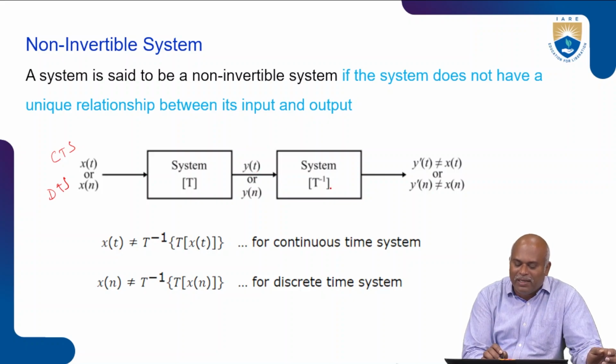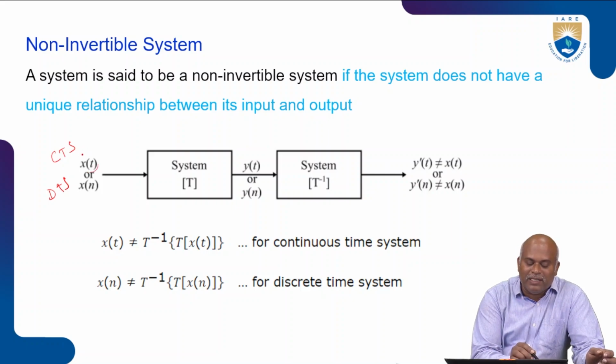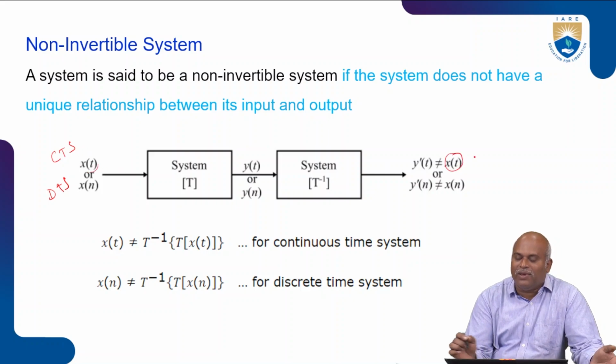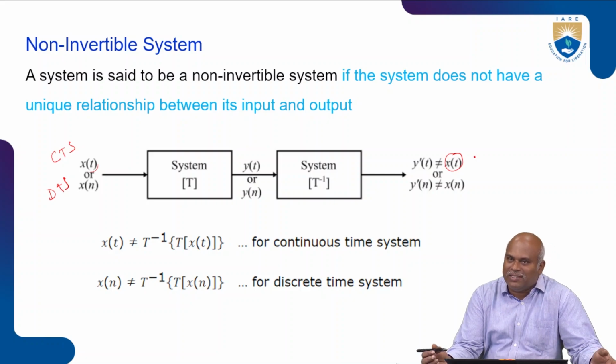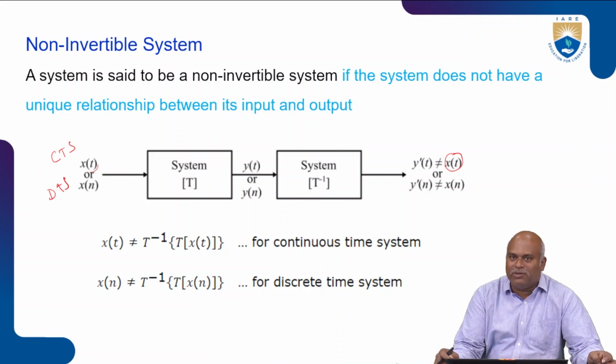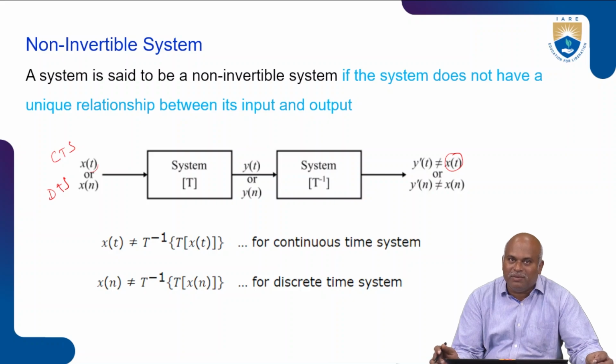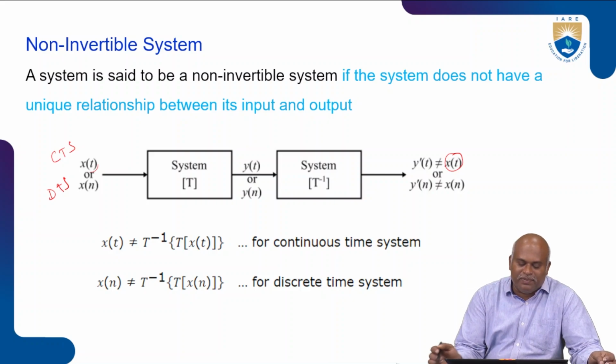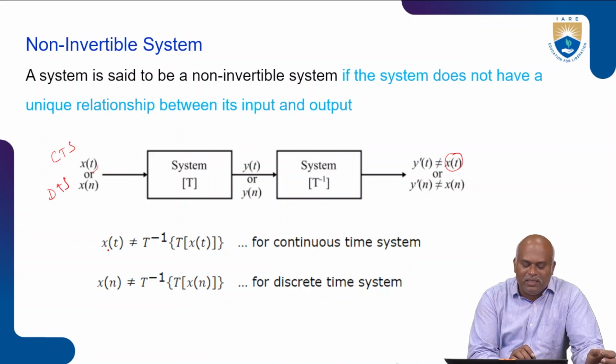Then we may take the inverse, but it does not give back the input. It changes the character, whether the time or the amplitude is changed. This kind of system is represented as a non-invertible system.